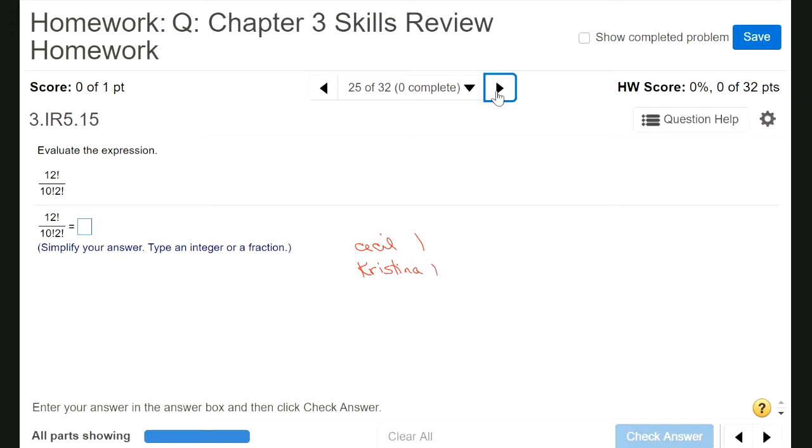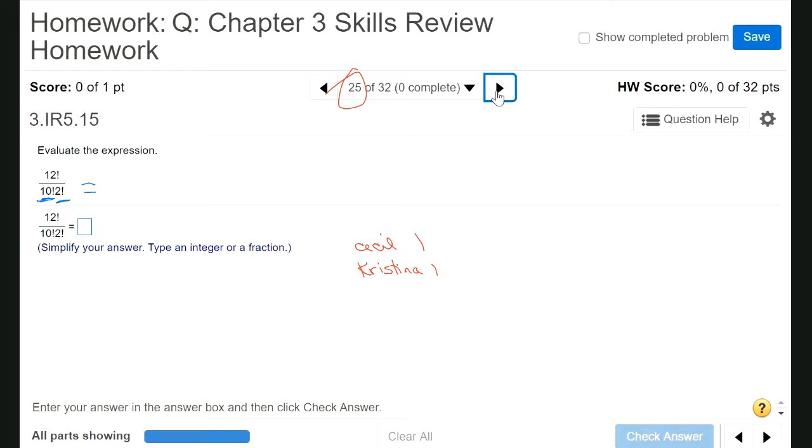On example 8, notice this is number 25 in the quiz. We have 12 factorial, but notice we have 2 factorials on the bottom instead of just 1. So what you're going to do in this case is count down to the larger of these 2.